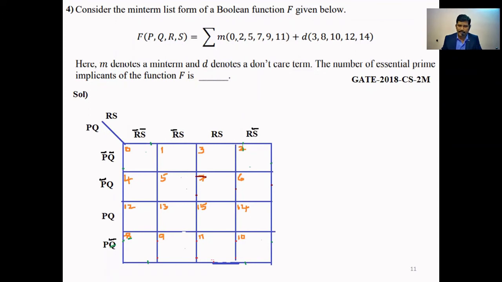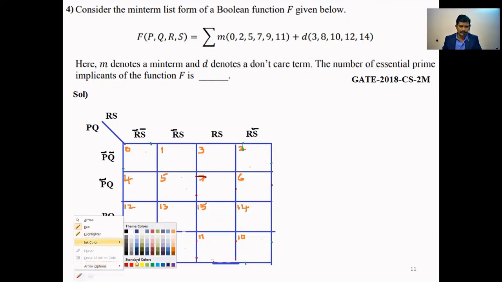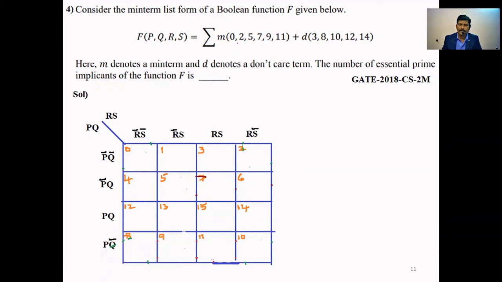Okay, so first you mention all the minterms in the K-map, in red color: 0 to 5, 7, 9 and 11.